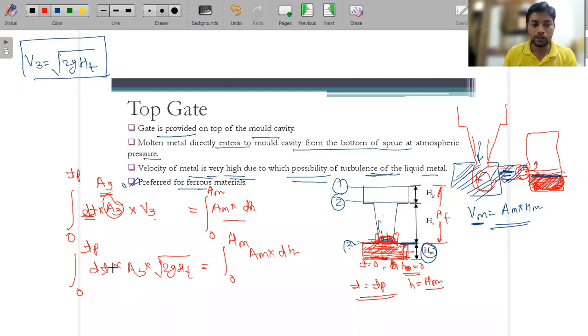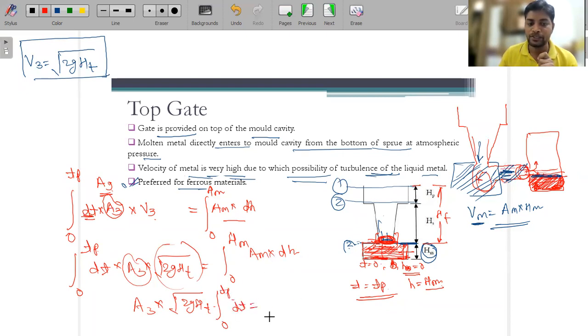So this is constant, this velocity is constant, and this gate area is constant, so you can keep it outside. It becomes A3 into root 2gHt, and inside the integration is only dt, from 0 to TP.